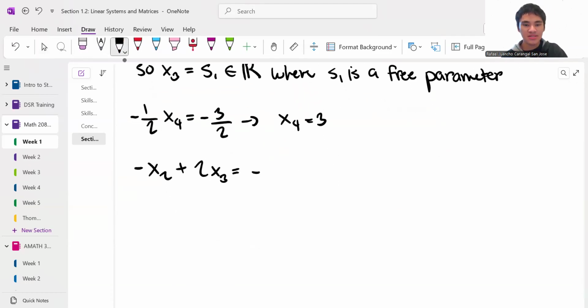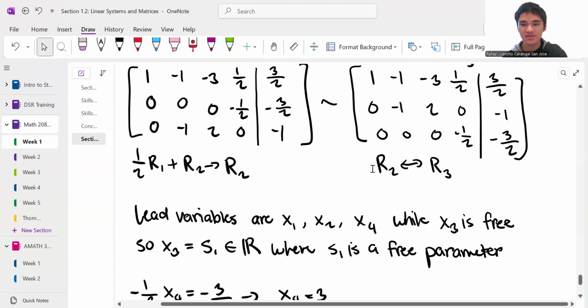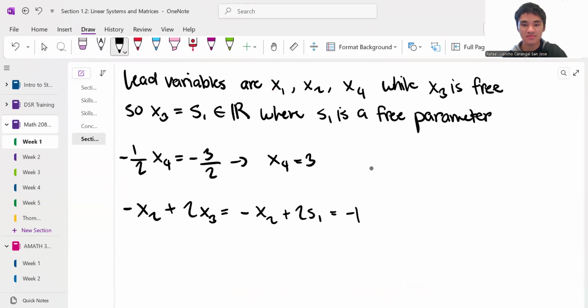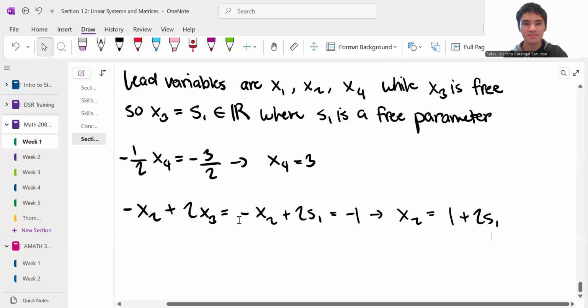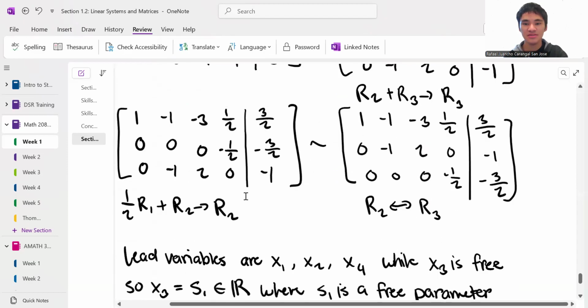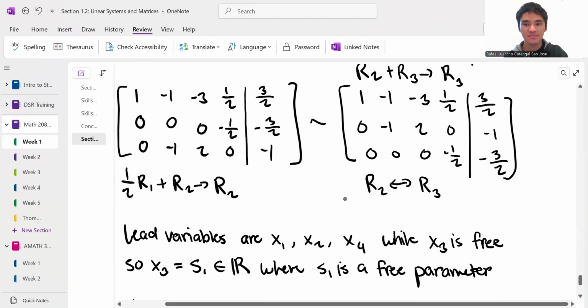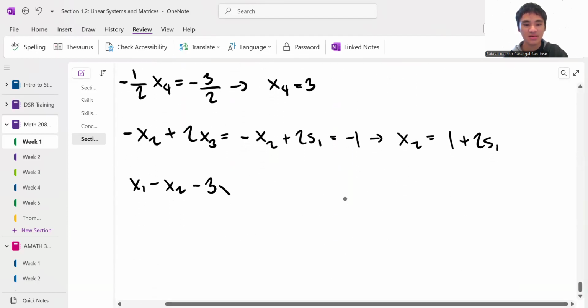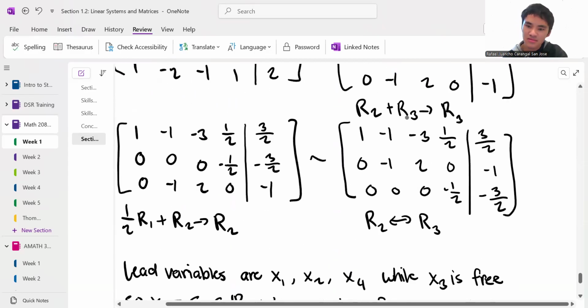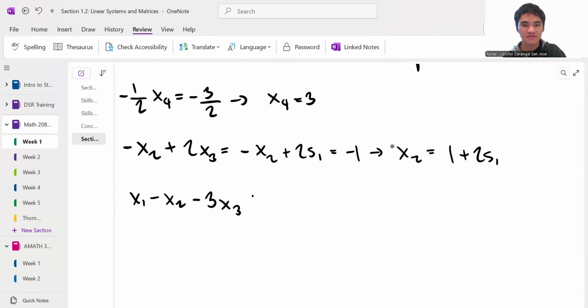So to complete this thing, x sub 2 plus 2 s sub 1 equals, did I say negative 1? I did say negative 1. And we say x sub 2 is 1 plus 2 s sub 1, right? And lastly, for x sub 1, we have x sub 1 minus x sub 2 minus 3 x sub 3 plus a half of x sub 4.